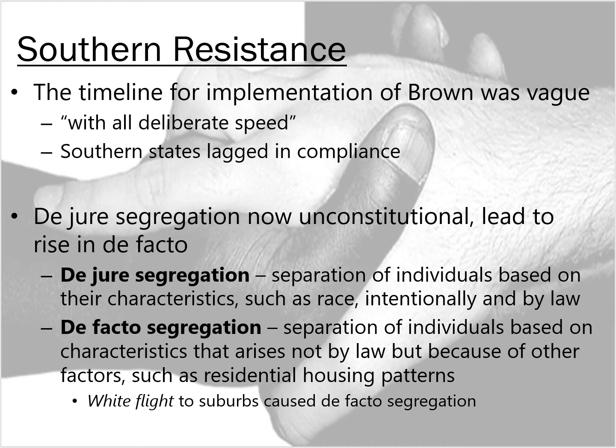But guys, Southern states lagged in compliance. I mean, what does with all deliberate speed mean? Can't you say that you're moving as quickly as you can, but money is interfering and you can't do it? And so by 1964, y'all, you have 98% of African American children in the South still at completely segregated schools.